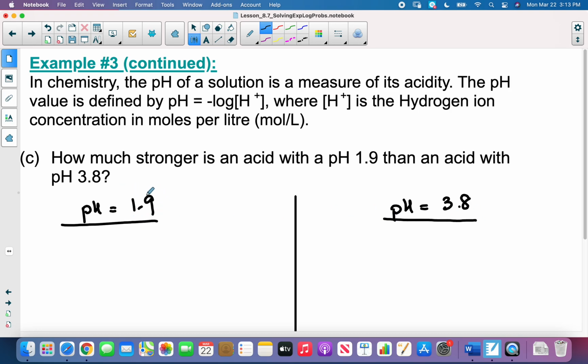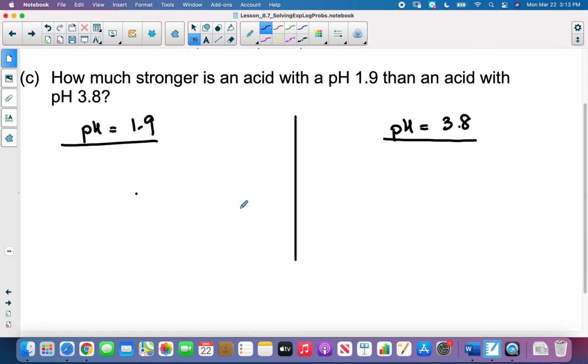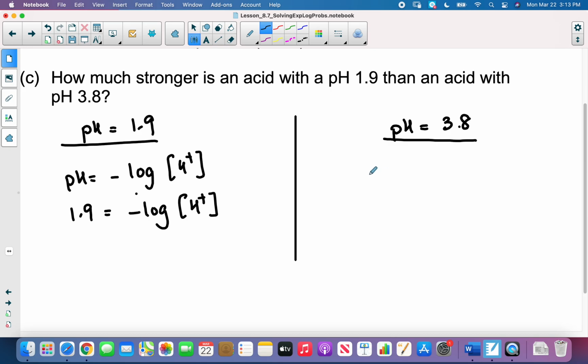This is, of course, more acidic, but how much more is it compared to these? What do these numbers mean? So pH is negative log to the base 10 of hydrogen ion concentration. 1.9 equals negative log of a hydrogen ion concentration. Here, 3.8 is negative log of the hydrogen ion concentration.